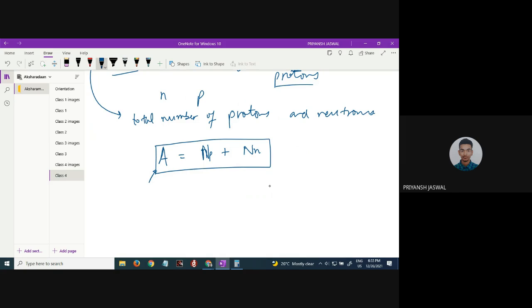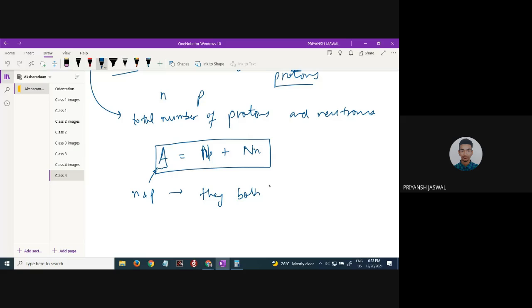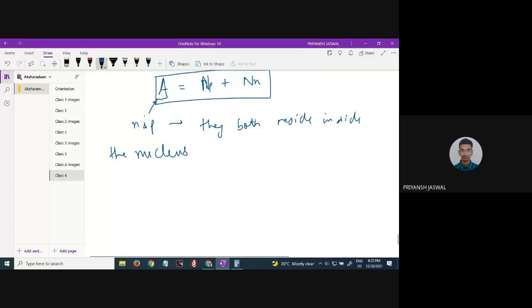And these neutrons and protons, we saw earlier, are both inside the nucleus. Hence, they have a collective name also. The neutrons and protons residing inside the nucleus, they both together are known as nucleons, derived from the word nucleus itself, I think.